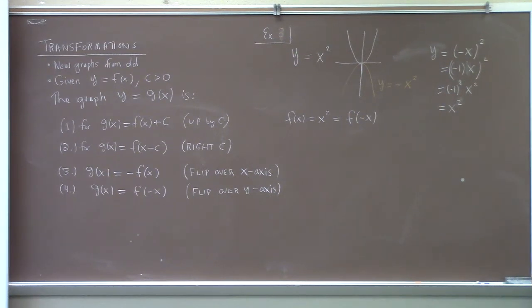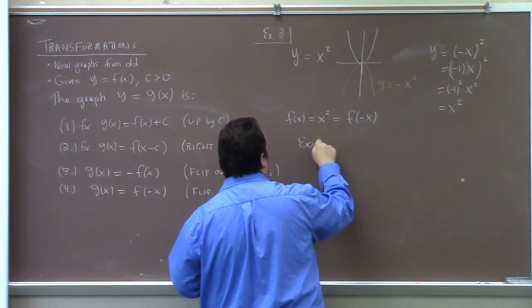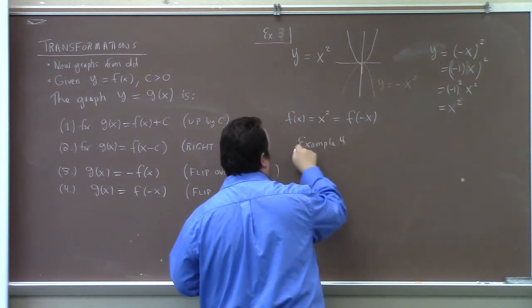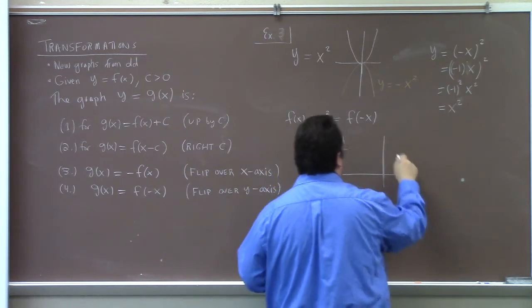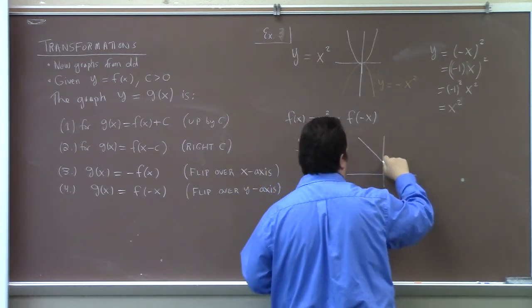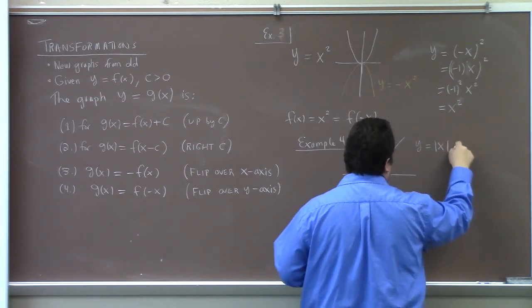So we won't gain much intuition for number 4 from this example 3, right? We should look at something else, like how about the absolute value function? So I'll do absolute value of x. I'm going to make it a little bit more interesting. y equals absolute value of x plus 1.